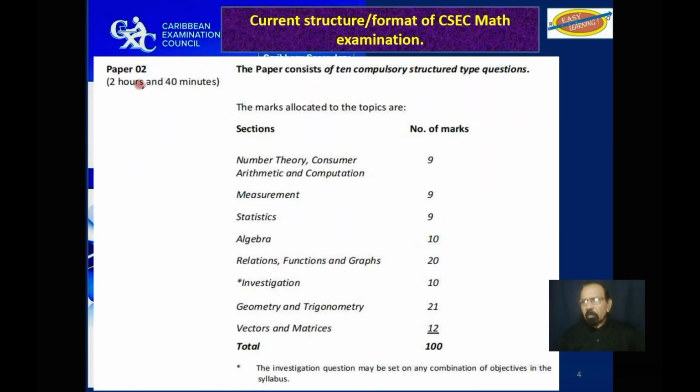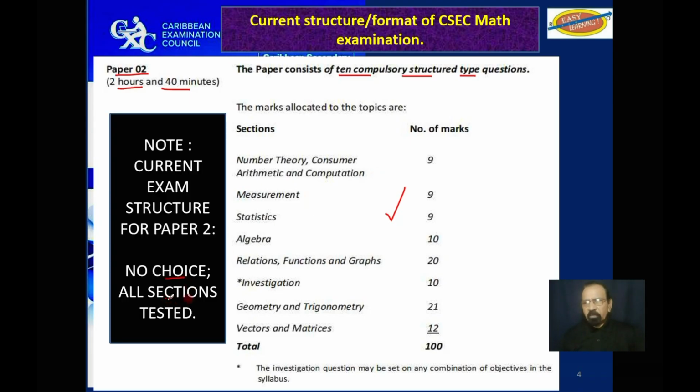There is also a paper 2 for 2 hours 40 minutes, and this consists of 10 compulsory structure type questions from all sections of the syllabus. There will be no choice. All sections will be tested, as I said, with compulsory questions.